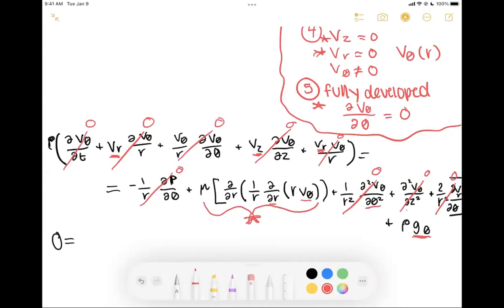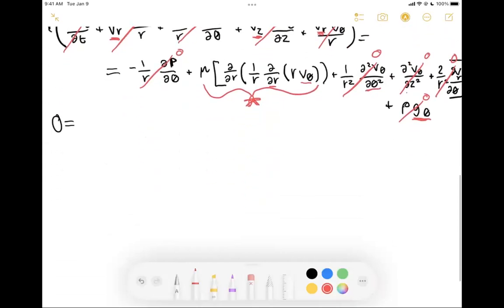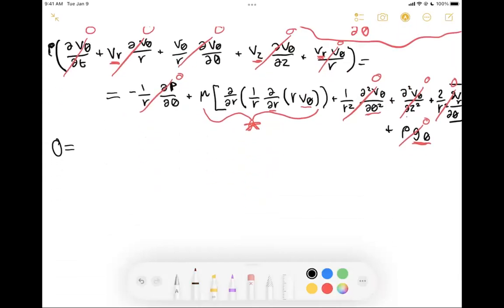In our case, we're horizontal, so there's no gravity horizontally, so it's going to be equal to 0. So then we are just left with 0 is equal to mu times d over dr of 1 over r d over dr of r V theta.